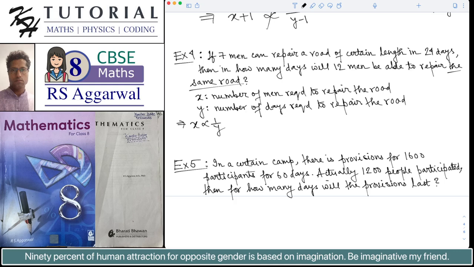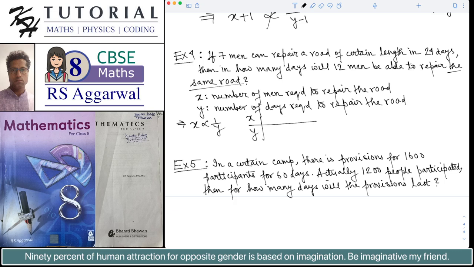So now we can quickly create a table of the data for the two quantities x and y. Now I have assumed the quantity x to be the number of men required to repair the road and y to be the number of days required to repair the road. You can consider it the other way around. You can also consider x to be the number of days and y to be the number of men.